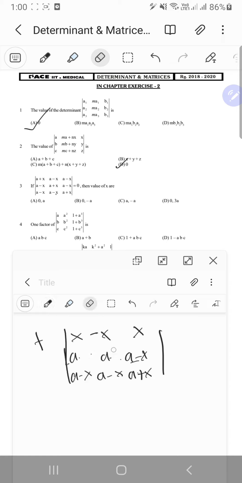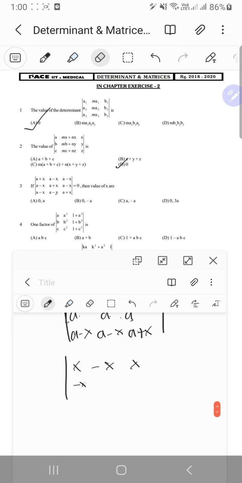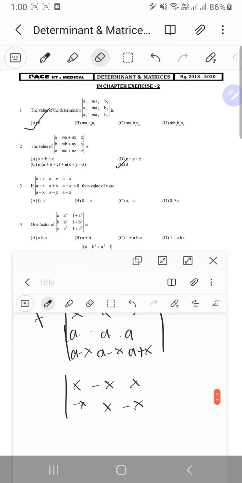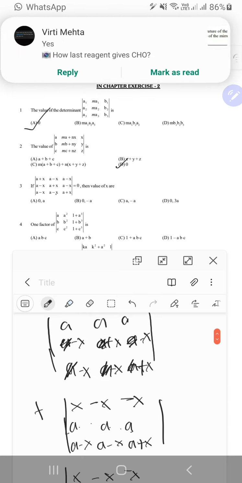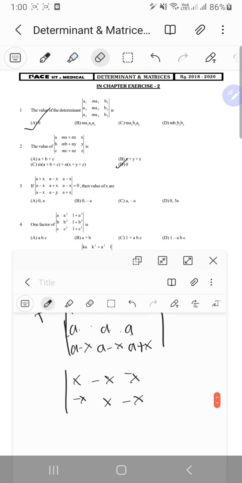You can first of all remove these things, and then it will be x minus x and minus x plus x minus x. Okay, wait, what? No, it's supposed to be minus over there. This is supposed to be minus over there. Fine.